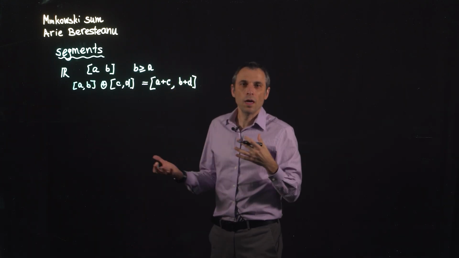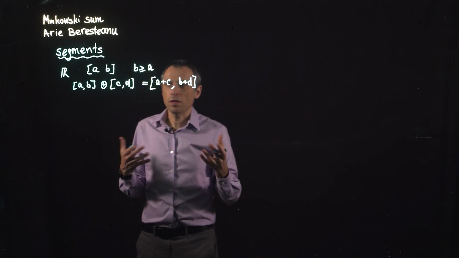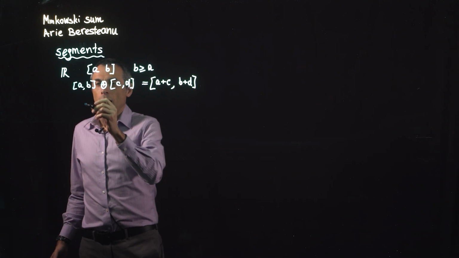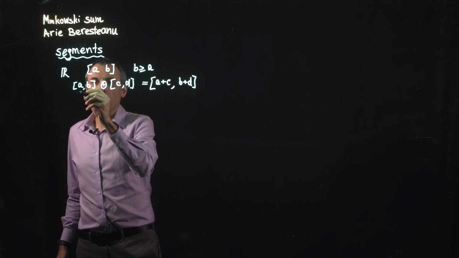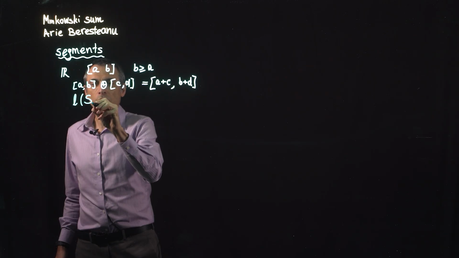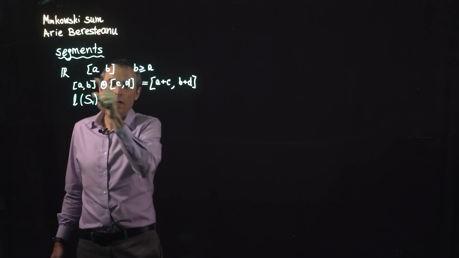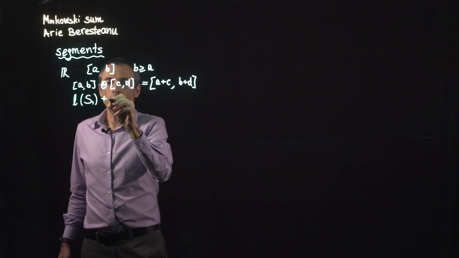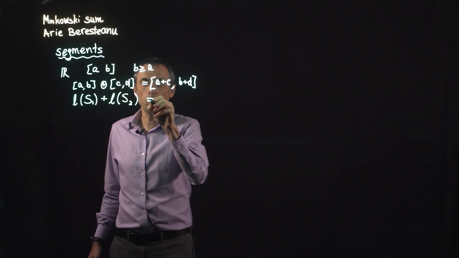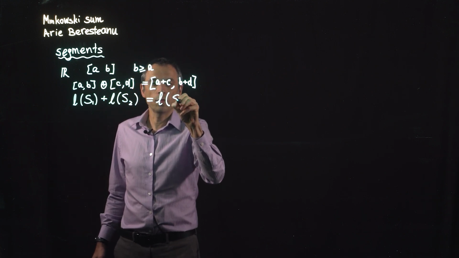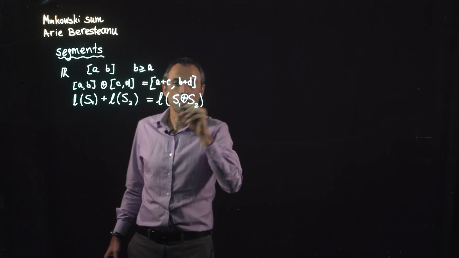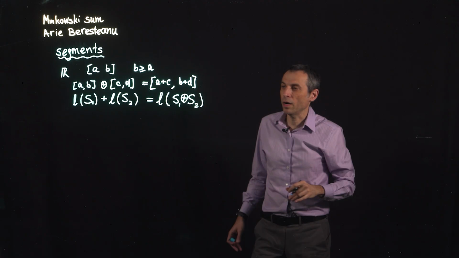It doesn't matter whether A, B, C and D are positive, negative, or any mix of them. The true thing here in R is that the length of the first segment plus the length of the second segment is equal to the length of the Minkowski sum of the 2 segments. It's very simple in R.